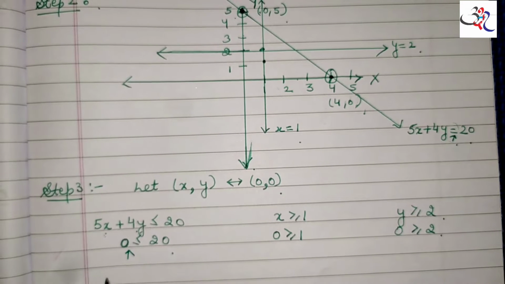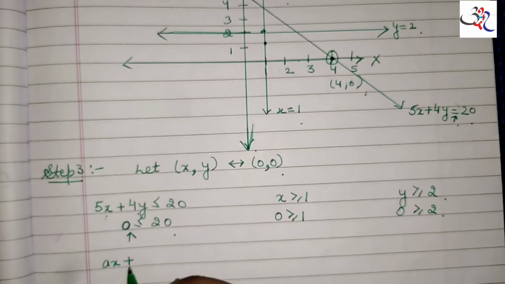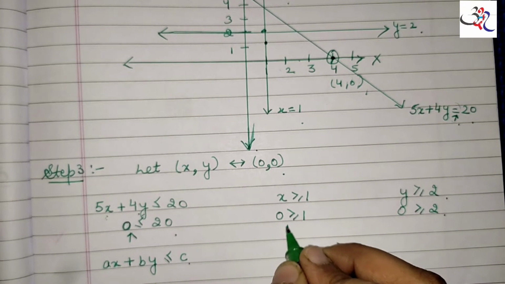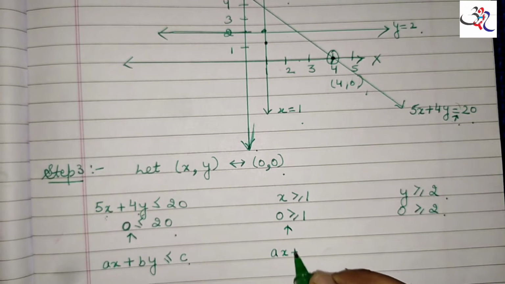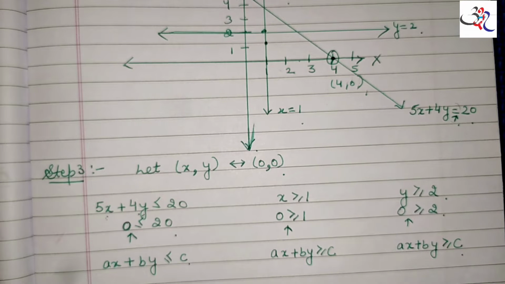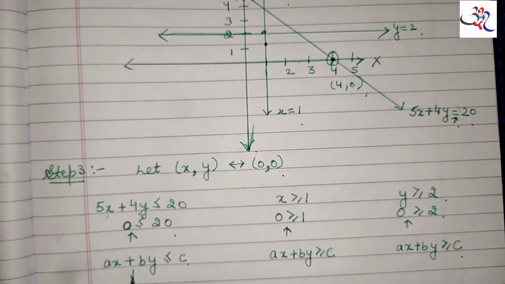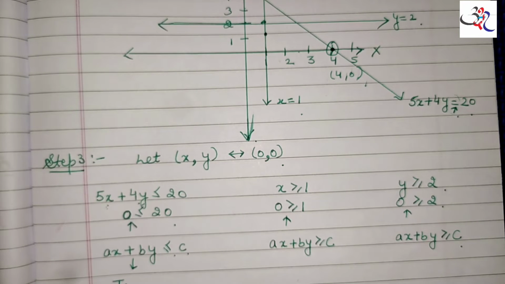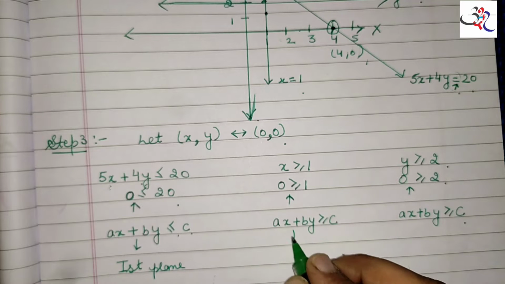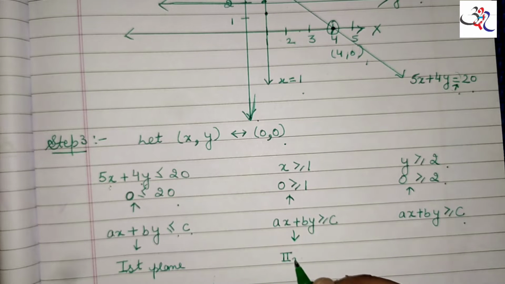So now compare your values with the standard form of the equation. Ax plus by is less than or equal to c. This will be ax plus by is greater than or equal to c. This is also ax plus by is greater than or equal to c. So if this value lies, then my solution lies in the first plane, and if this value is there, then my solution lies in the second plane.